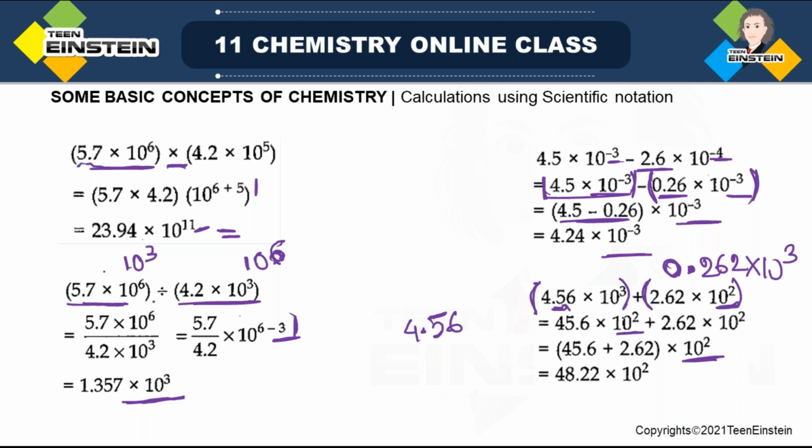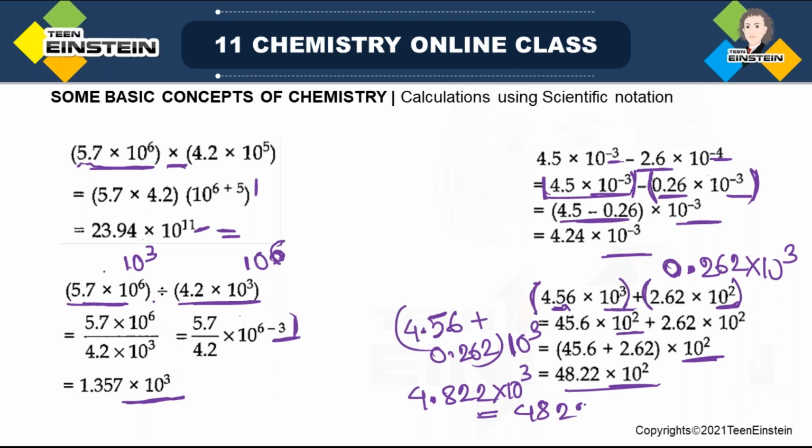So now both are 10 to the power 3. So it will be plus 0.262 with 10 to the power 3 common. If you do this addition, you will see it will be 4.822 times 10 to the power 3, which is basically the same, because 4.822 times 10 to the power 3 is nothing but 4822, and this is also 4822, right?